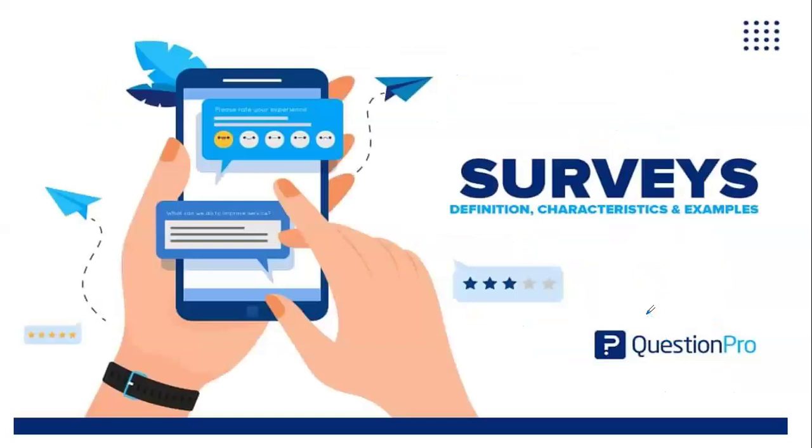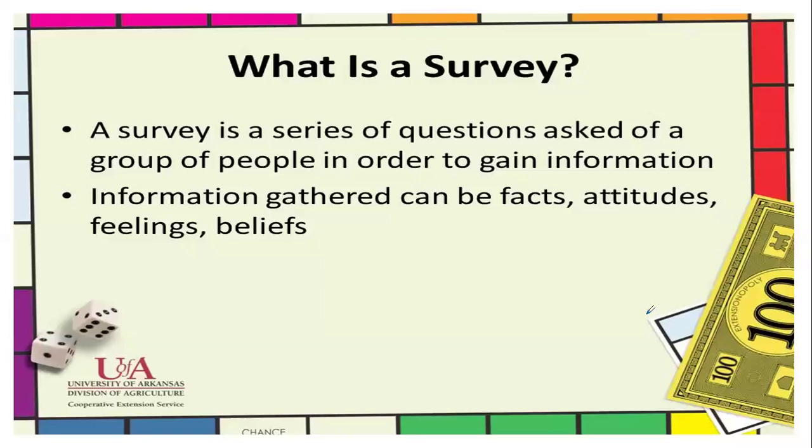And then we talk about surveys. We all know what surveys are. When we want to find out about something, we'll carry out a survey. So what is a survey? I put a definition there for you, saying a survey is just a series of questions that you can ask people in order to gain information about something.